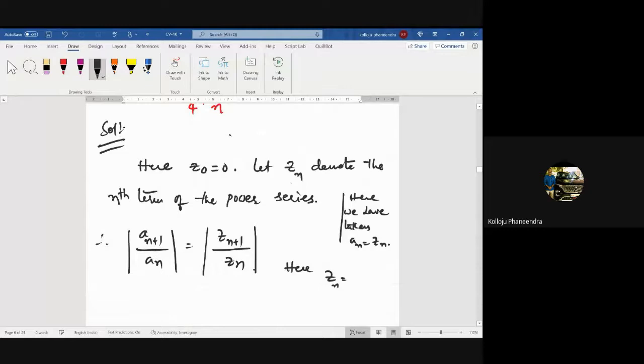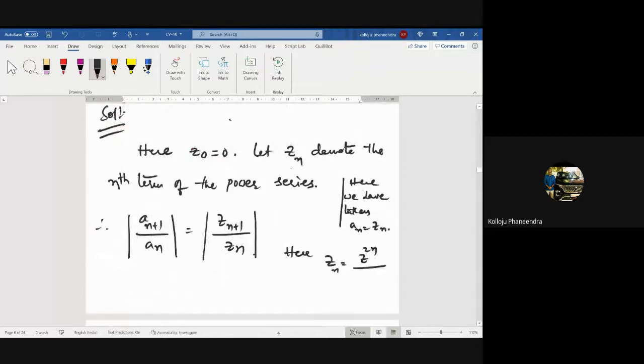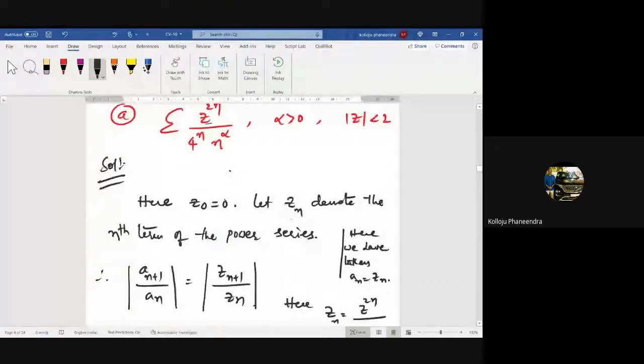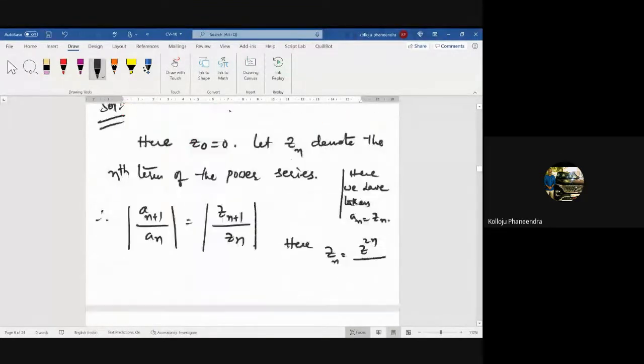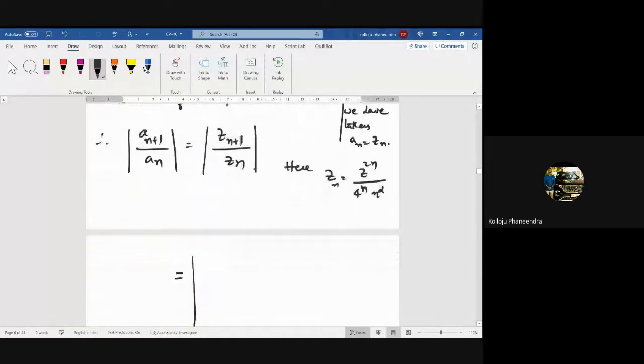Zn equal to, what is the given term? Z to the power of 2n by 4 to the power of n into n power alpha. This is the nth term I have taken.